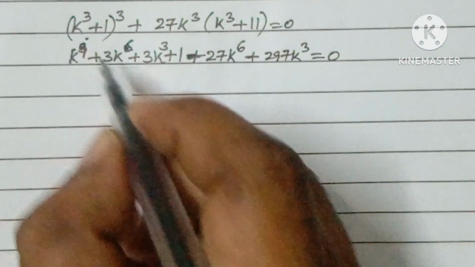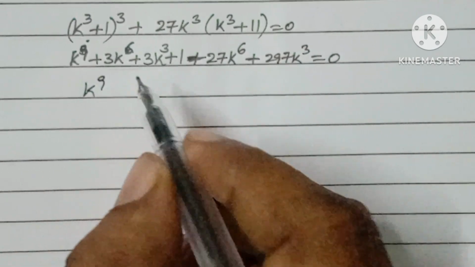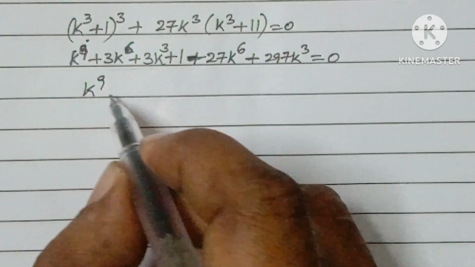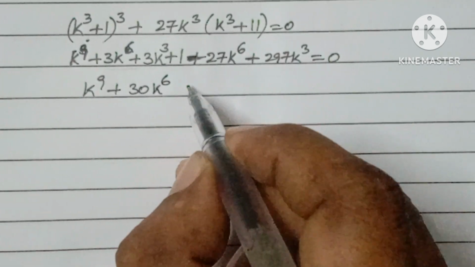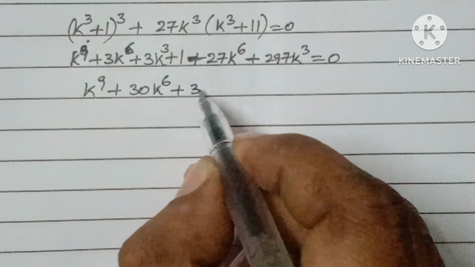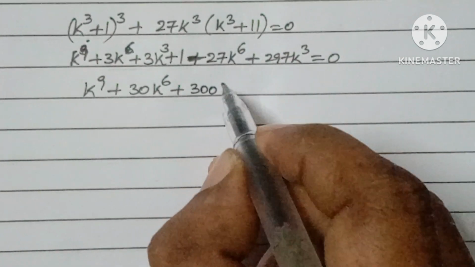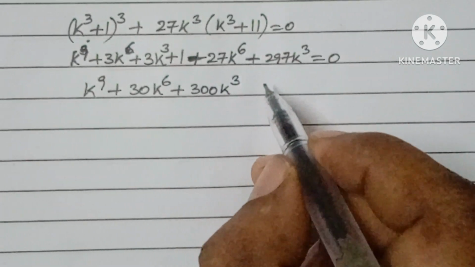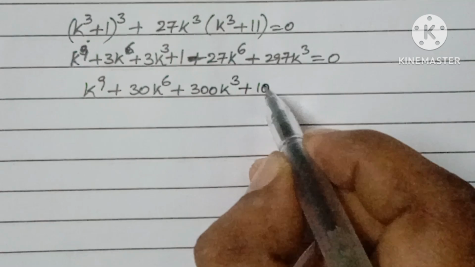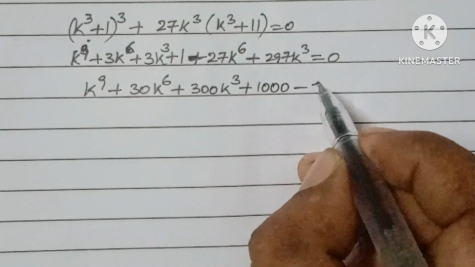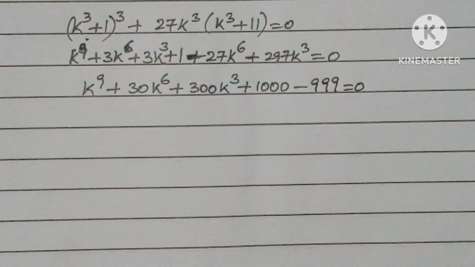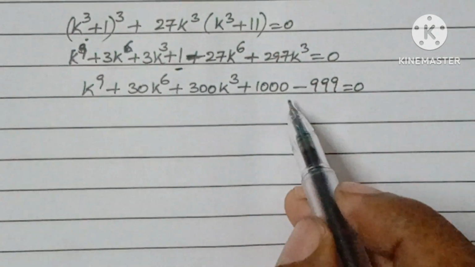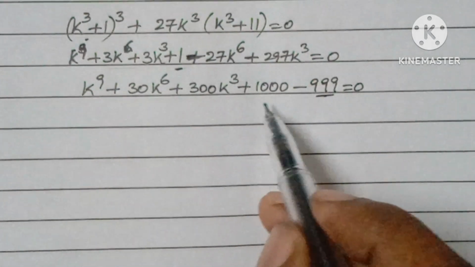So if you do some adjustment, K power 9 plus 30 K power 6 plus 300 K cube plus 1000 minus 999 equal to 0. So here 1000 is there, that's why we are subtracting 999.